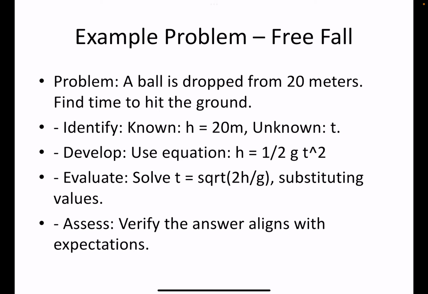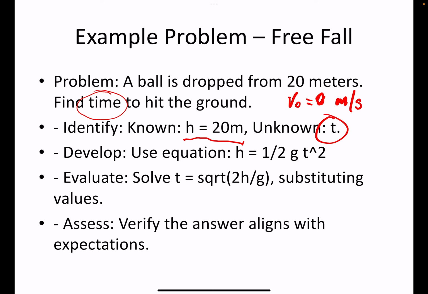Our knowns are initial height, h equals 20 meters, and initial velocity v0 equals 0. It's not given as a number, but given in words, because the problem said the ball was dropped. The unknown, what do we need to find? We need to find the time, so the unknown is t.